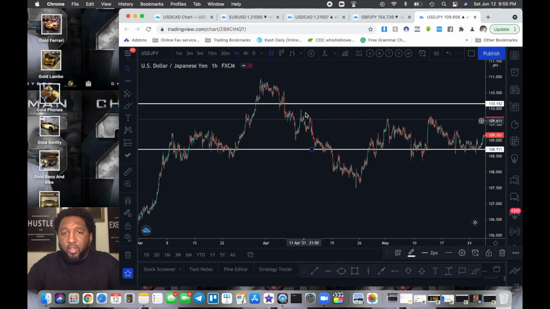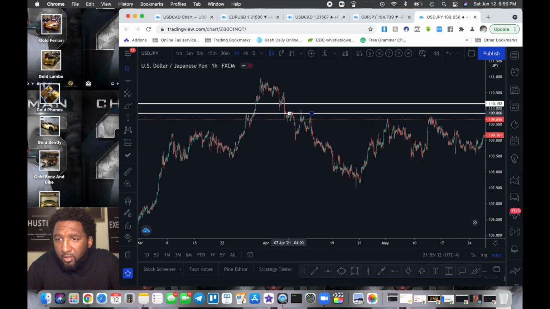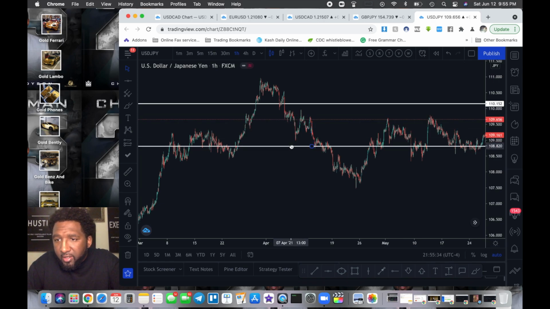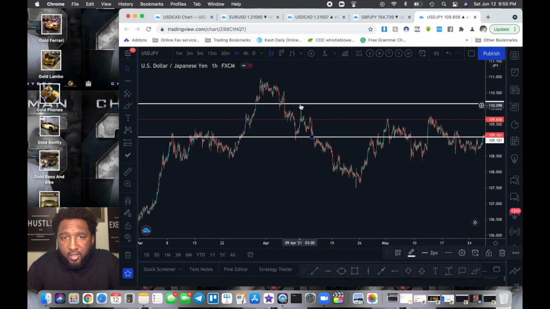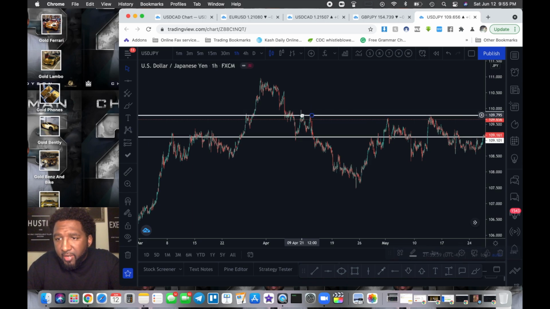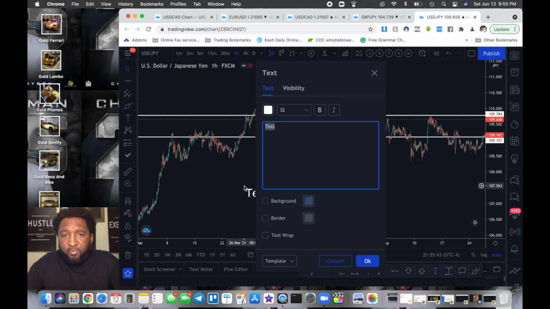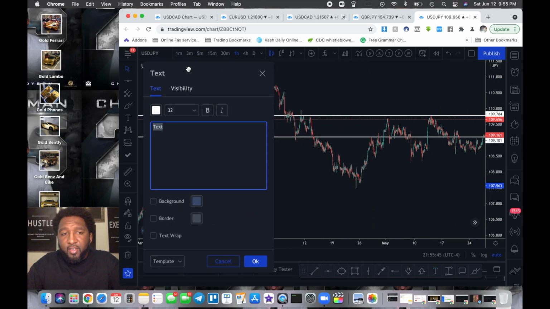So I just put 2 white lines on the screen, and let's bring this down to the 109s and make this easy. Okay, so I got 2 numbers on the screen, right? And we're gonna find out the distance between these 2 white lines, okay?